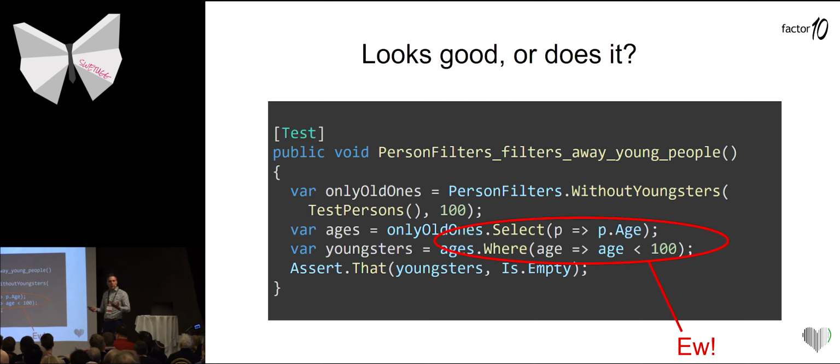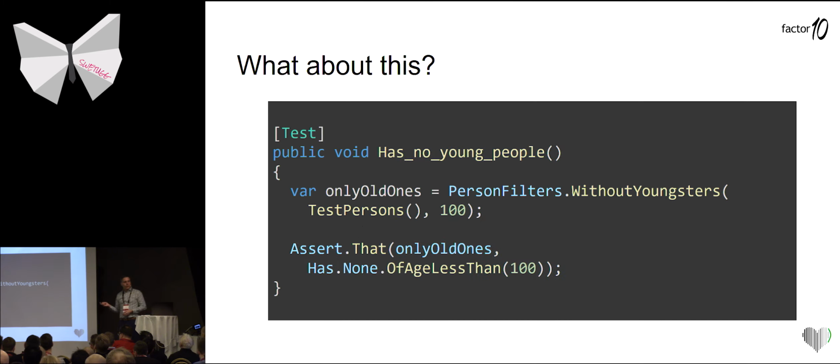What do we do with this collection? And then on the assert, what does it mean that it should be empty? Is that correct with what we're doing? This is a test that is pretty hard to comprehend, I would say. I would like us to be able to write this instead.